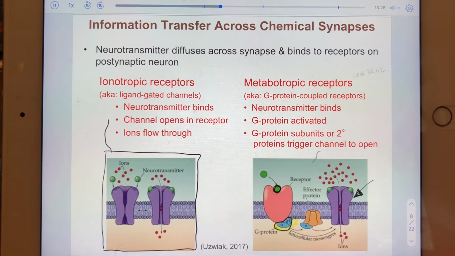Okay? Now you might wonder, why would we have both of these mechanisms in our bodies? Why kill this bird twice? Well, this is actually one of the reasons why, in this chapter in particular, I've started to bring up the idea of controllability. Okay, metabotropic mechanisms, whether we're talking about neurotransmitters or not, they have more steps.